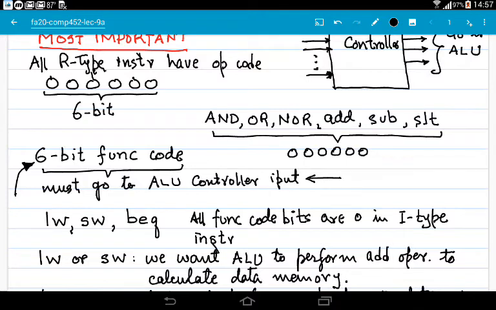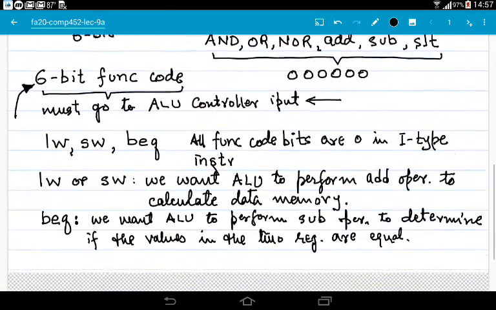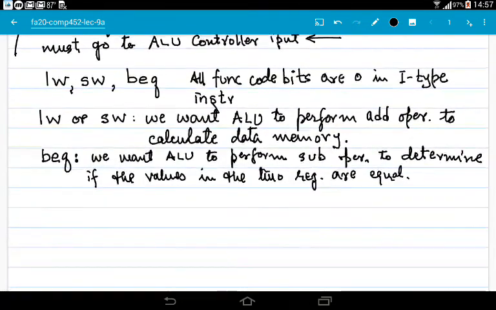We need at least one additional input: if that input is 0, we do one operation, and if it's 1, we do the other, and those two operations are add and subtract.